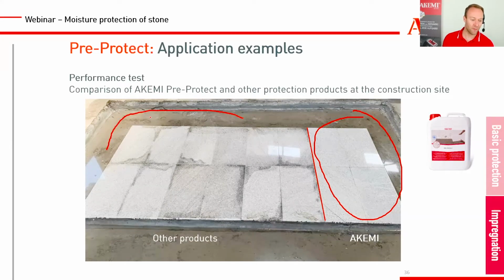He applied a lot of water around. This is usually not a standard test, but he said, I want to be 100% sure. I flooded the area. I sprinkled water every now and then on the surface and checked how it reacts. And you can see how the AKEMI product performed. So this is really a good protection when you need a fast pre-protection.